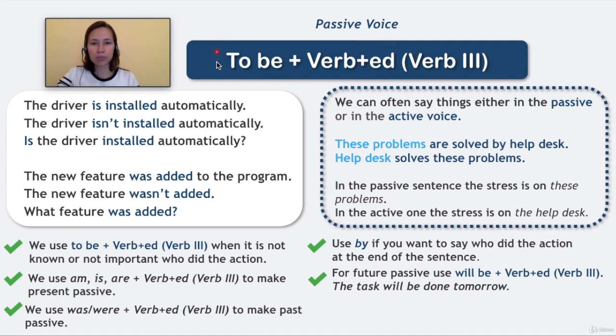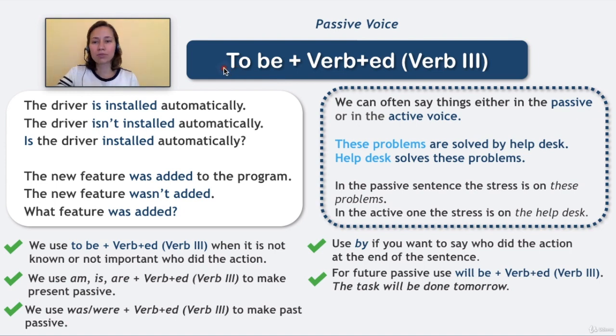So we use to be plus the verb. And the cool thing about passive voice is that the verb is always the same. It is used in the third form or with the ending ed. So you don't have to think about the verb all the time. It is like that in every sentence, in every tense.